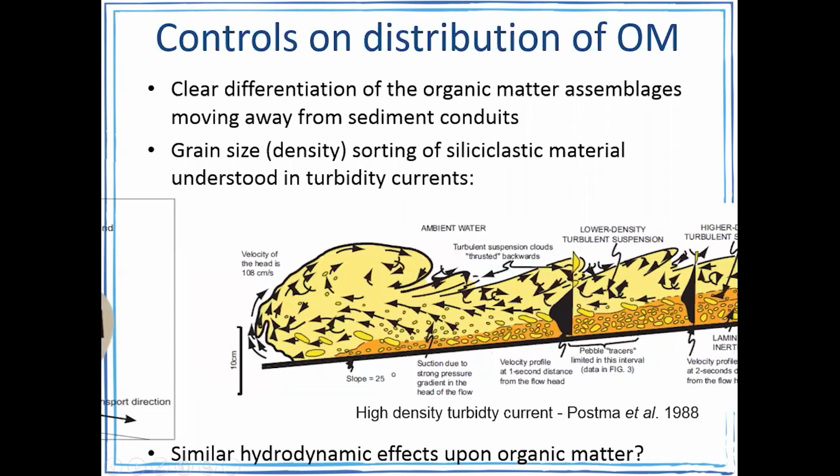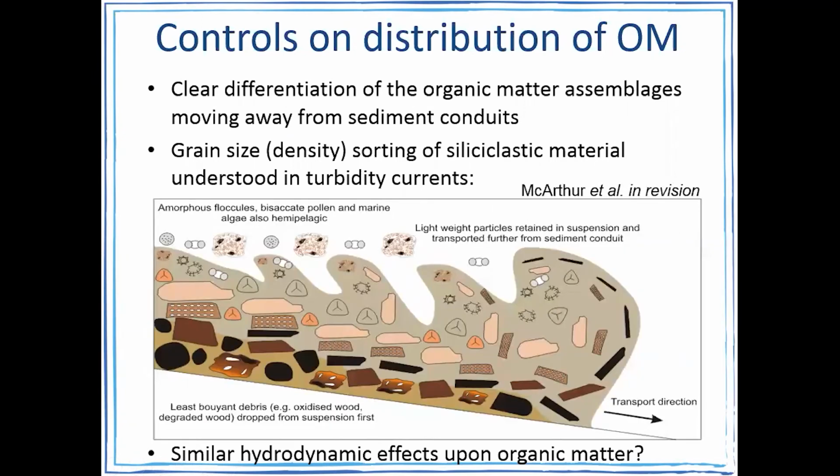And what we can postulate here is whether there's a similar sort of hydrodynamic fractionation effect upon the organic matter within a flow, with the denser material being first to be deposited, and the ever lighter fraction being carried in suspension as flows pass through their various depositional settings. And that's something that we're doing some laboratory modeling of just now to try and understand the settling velocities and so on of the organic particles we see in these systems.